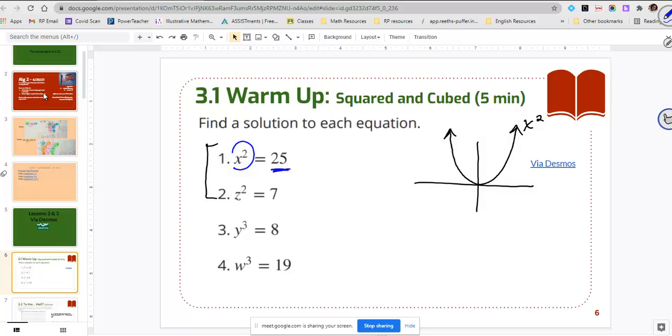If I were to graph 25, I would have a horizontal line here at 25. How many times does my blue line cross my x squared graph? Nice, 2 times, thanks. So because this crosses 2 times, I want to be on the lookout for 2 answers.